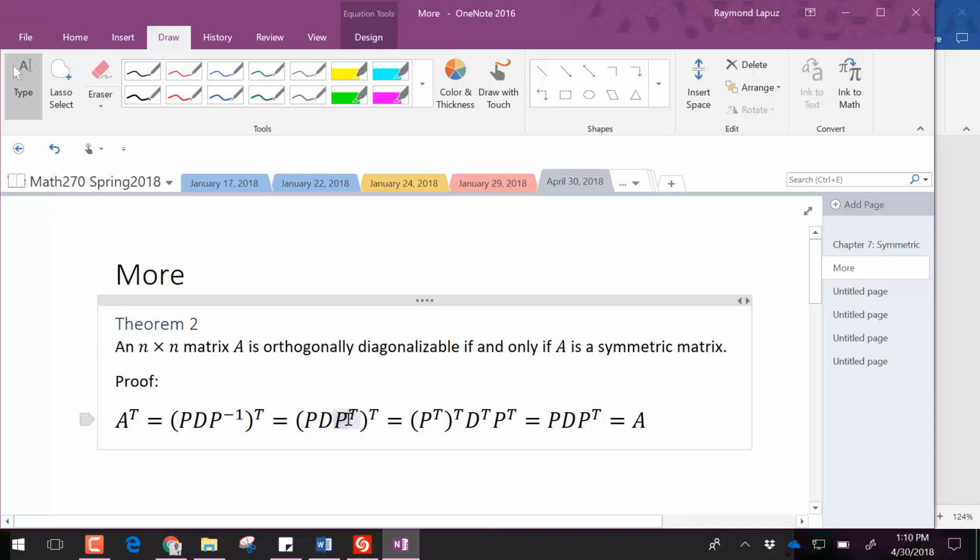So transpose of P transpose, transpose of D, and then the transpose of the first P. And then you get this thing, which is equal to A anyway. So that says that A transpose is equal to A, which shows that it's symmetric, and that symmetry works if it's diagonalizable. So I think the set of equalities shows that the proof goes both ways.